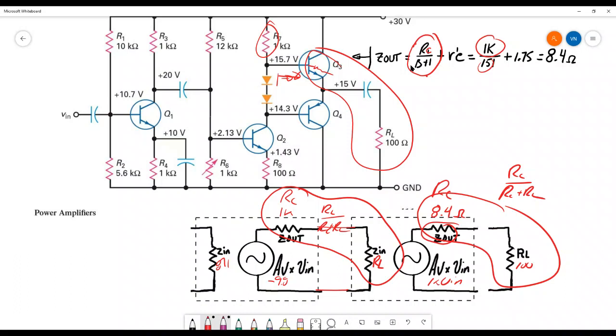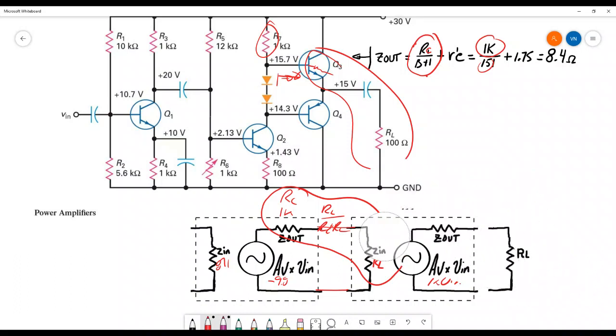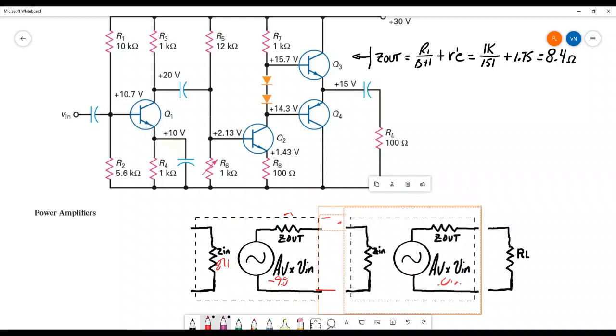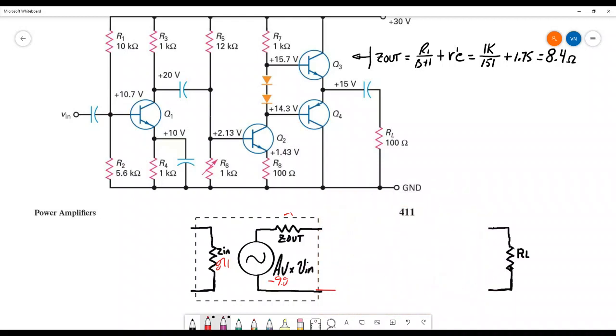And that is an error. That's a problem with this analysis method. So you don't want to do that. What you want to do in order to avoid that is you want that voltage divider on there once. So I would get rid of this second amplifier, and I would stick the load right on here.